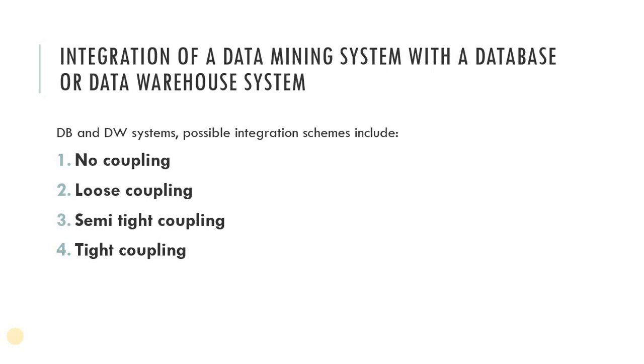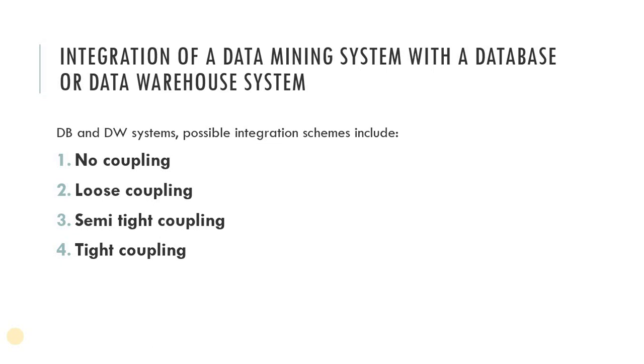It fetches the data from the data repository managed by these systems. Now it performs the data mining and then stores the mining results either in a file or in a designated place in the database or the data warehouse.